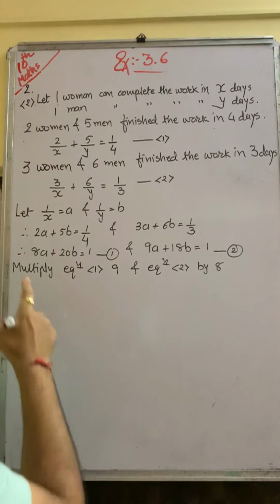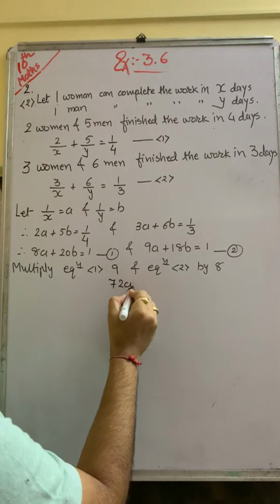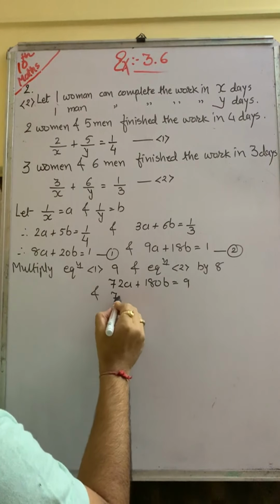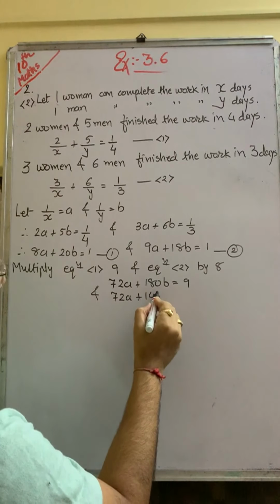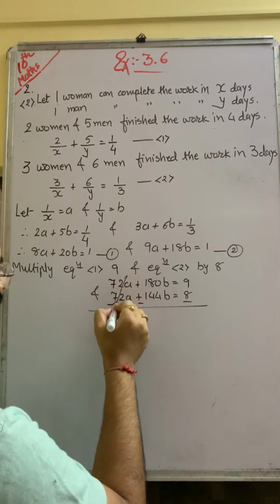See, 9 8s are 72, 9 2s are 18, 9 1s are 9. Now 8 9s are 72, 18 8s are 144, 8 1s are 8. Change the sign. Cancel.